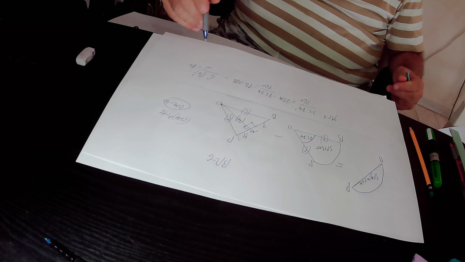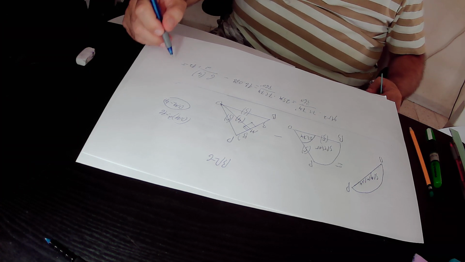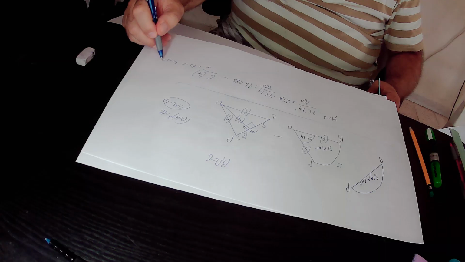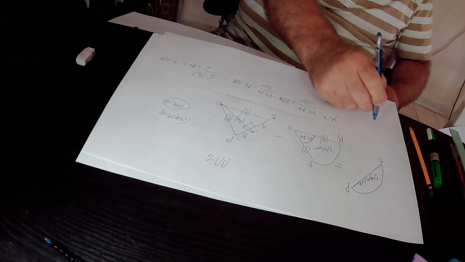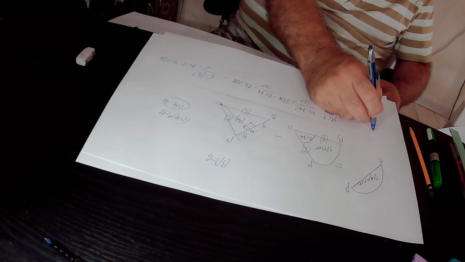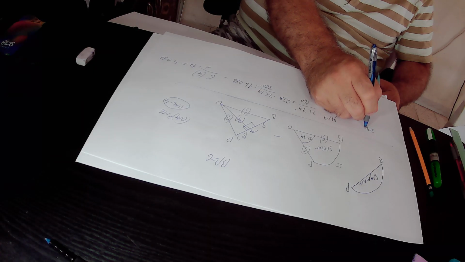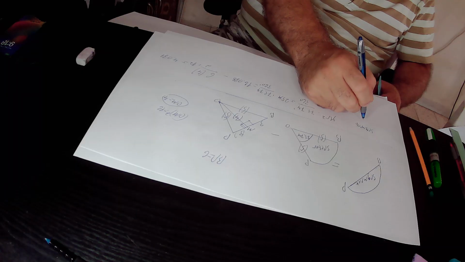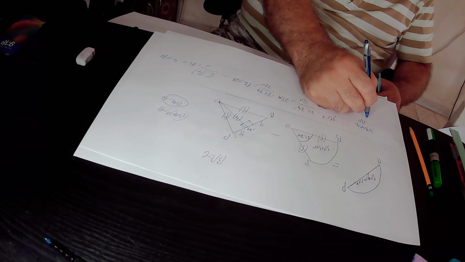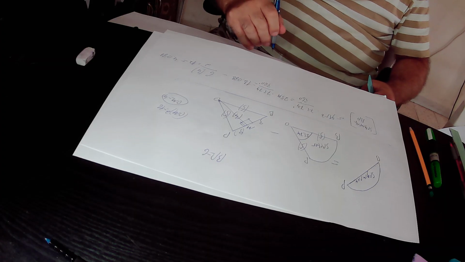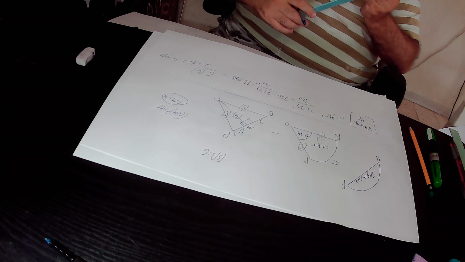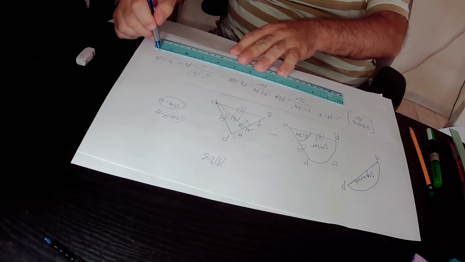16.088 minus 12 is equal to 4.088. So in total, we find that the area of segment BP is equal to 4.088 square units.